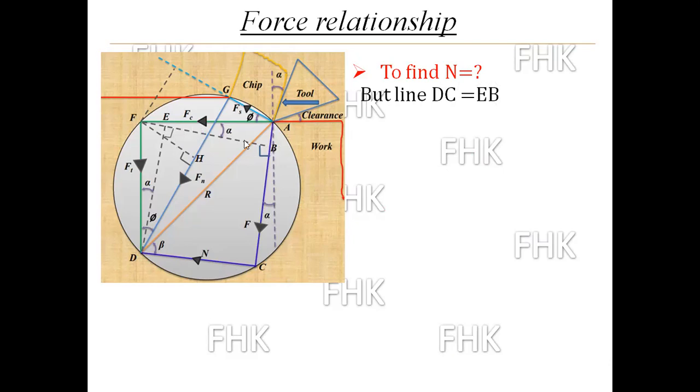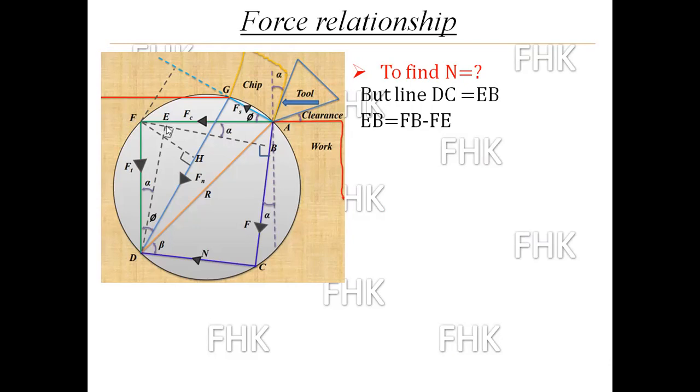So I will find EB. I have to find DC, but these two lines are parallel to each other, so I will find EB, and this will become the value of N. EB is equal to the total line FB minus FE. First of all I will find EB, and from that I will subtract the length FE.